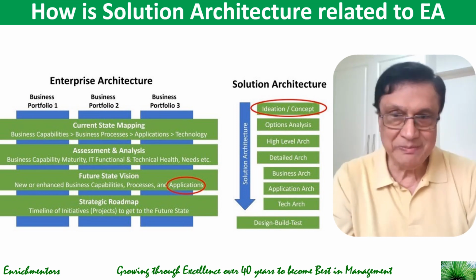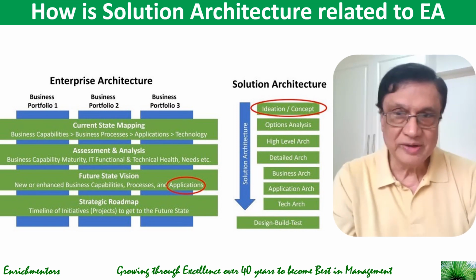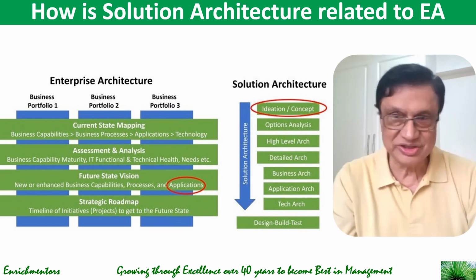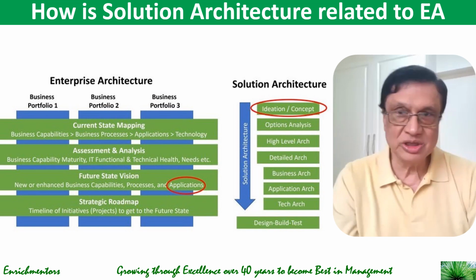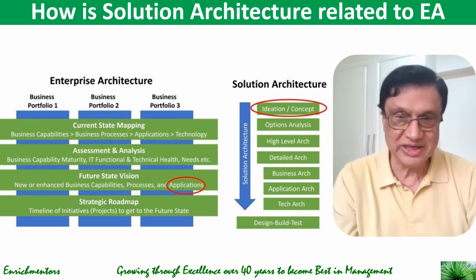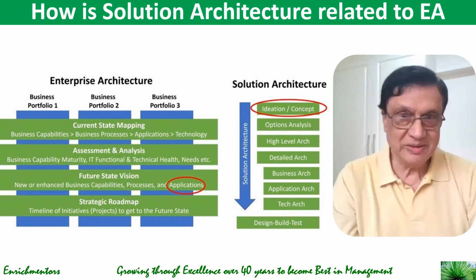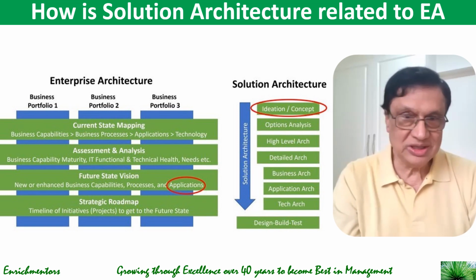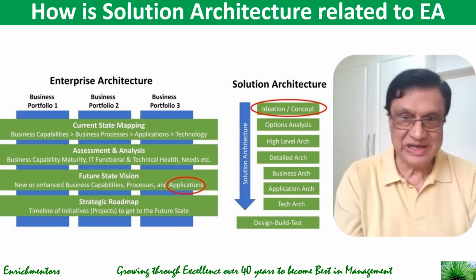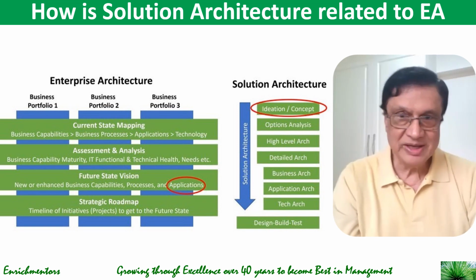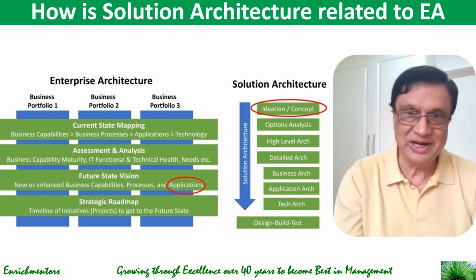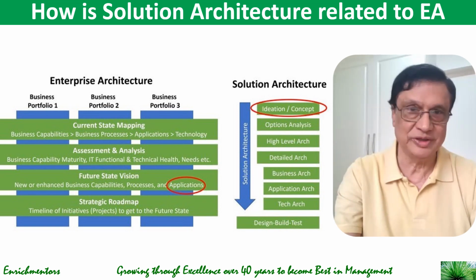In the designing, building, and testing, the solution architect rubs shoulders with the solution software developers, etc. So that's how solution architecture is related to EA, a part of the enterprise architecture framework in which it tries to convert the desired applications into reality by ideating, analyzing options, defining the various architectures, and helping design, build, and test that solution successfully.